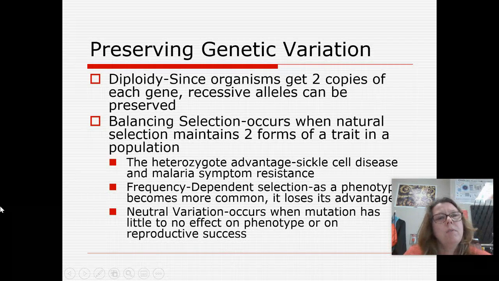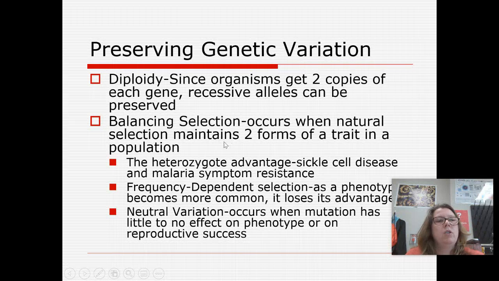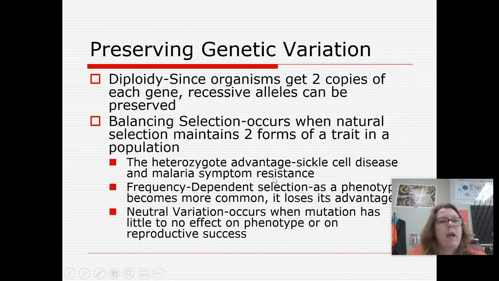And then there's something called balancing selection, when natural selection maintains two forms of a trait for different reasons. One example is the heterozygote advantage. With sickle cell disease, which causes pain and discomfort and hospitalizations and can actually kill a person, you would think that would disappear quickly from populations, right?